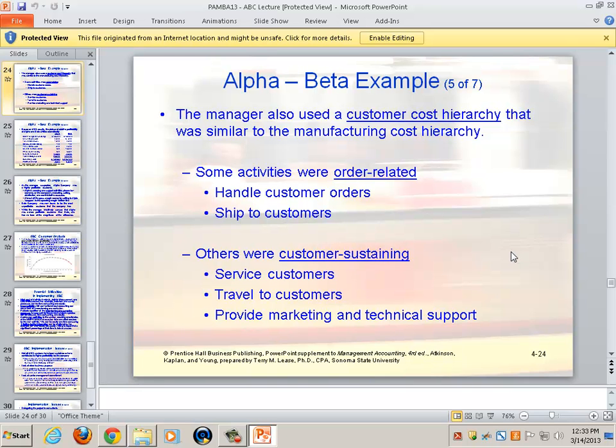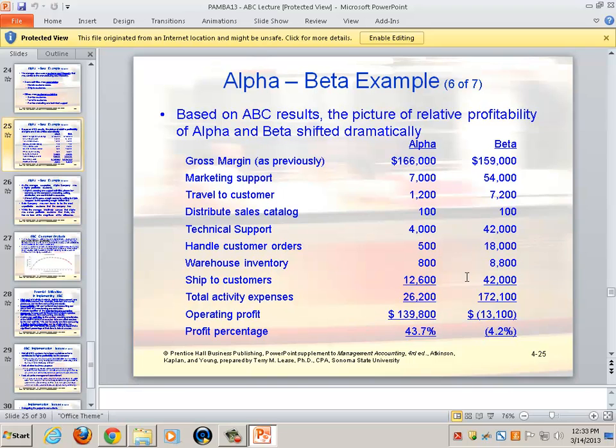Serviced customers, travel customers, providing more. I won't go into detail before the example about the activity-based costing step by step, but it does present you basic accounting and final marketing and full data.